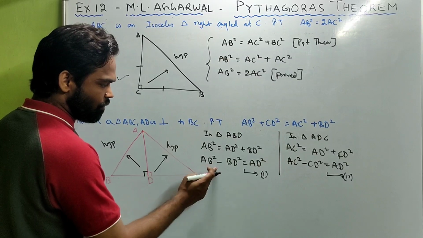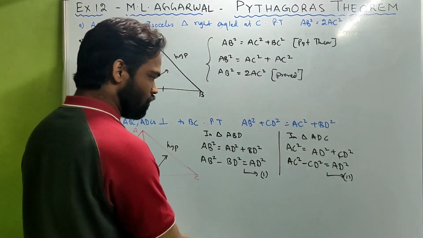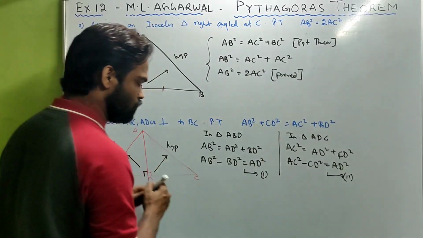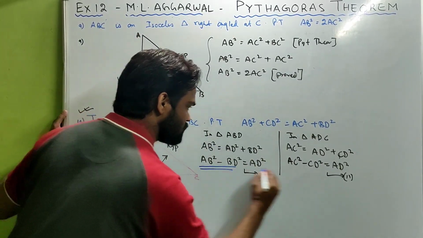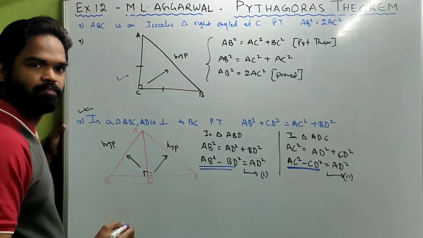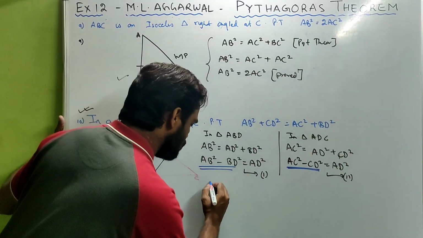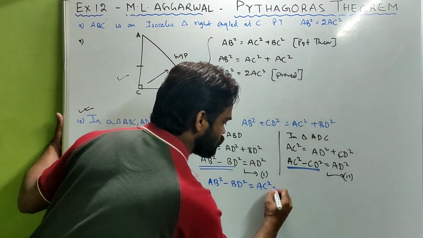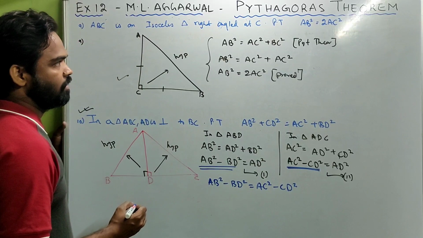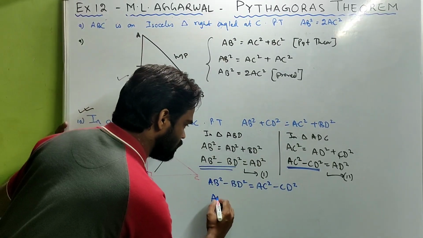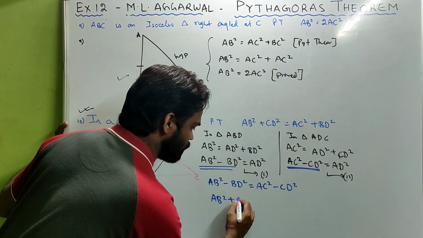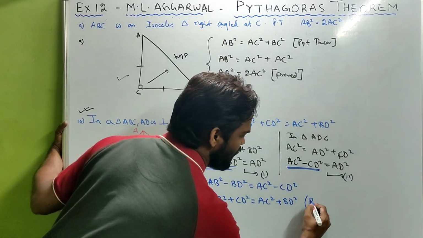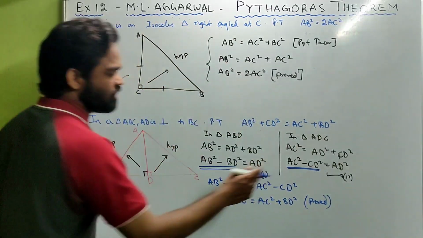AD square equals AB square minus BD square, and AD square equals AC square minus CD square. So by 1 and 2, we can easily say that this and this has to be same. Comparing 1 and 2, we get AB square minus BD square is equal to AC square minus CD square. That means AB square, I'll bring CD on this side, so plus CD square is equal to AC square plus BD square. That's proved. We just compare 1 and 2.